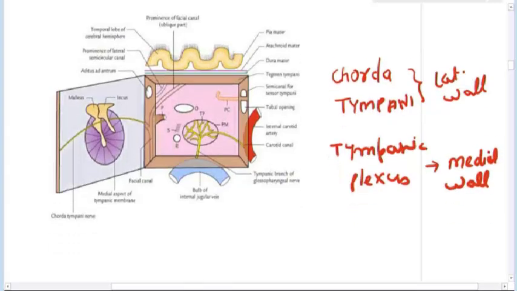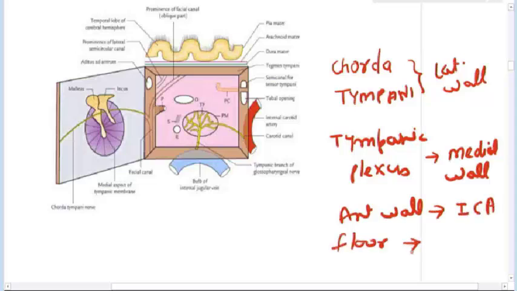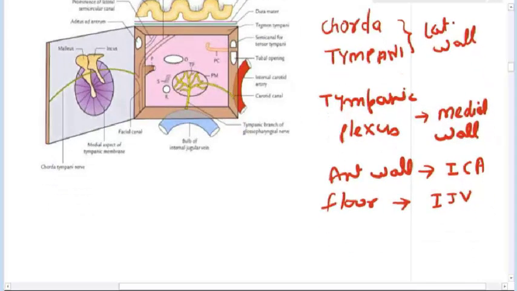Anterior wall is related with internal carotid artery, and floor is related to internal jugular vein. This we need to remember, and also we need to remember with this diagram the other important questions.